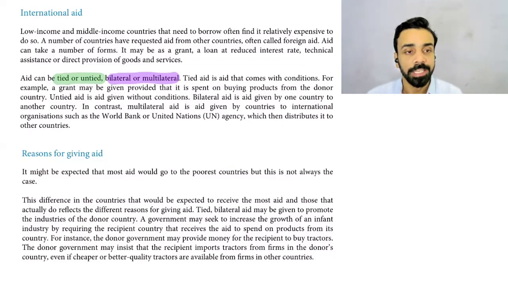So for that, we need aid. So Americans would be like, okay, fine, we're going to give you aid, but it's tied that you're going to buy these weapons from us, right?